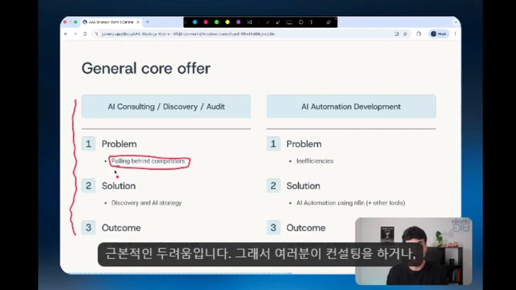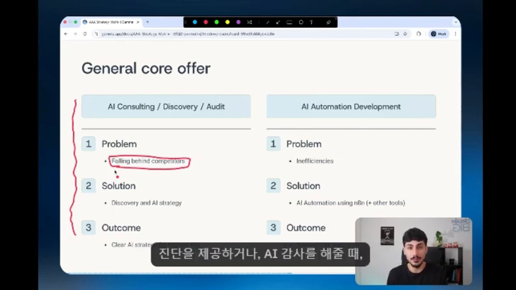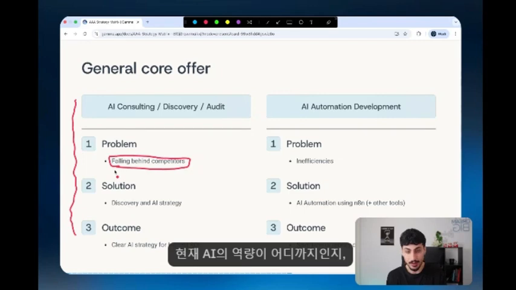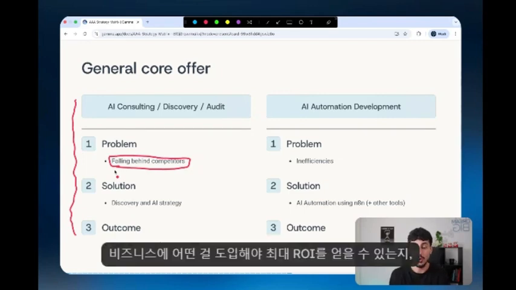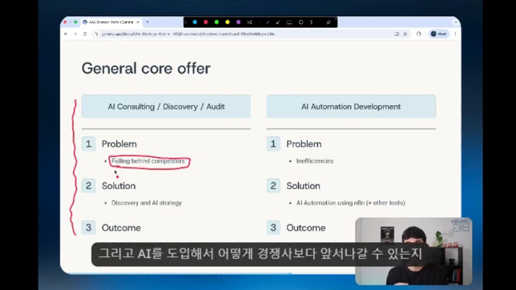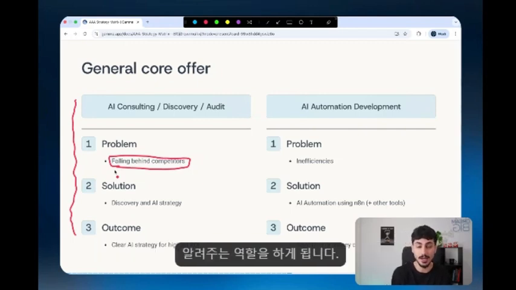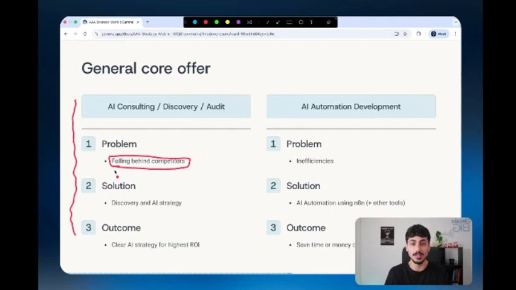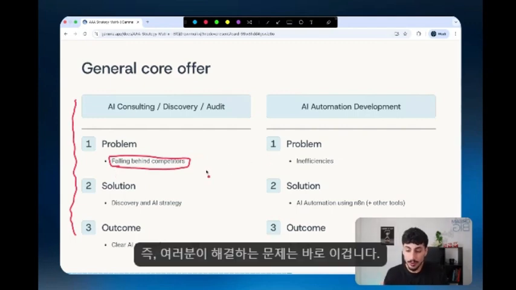And so when you're consulting them, offering them discovery, or offering them an AI audit, you're helping them know what the current capabilities of AI are, what they should be implementing inside their business to get the maximum ROI, and how they can ensure that they will beat their competitors when it comes to implementing AI inside their industry. So that's the problem that you're solving.